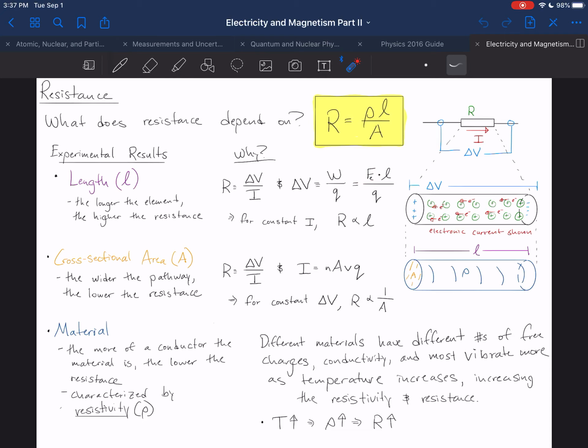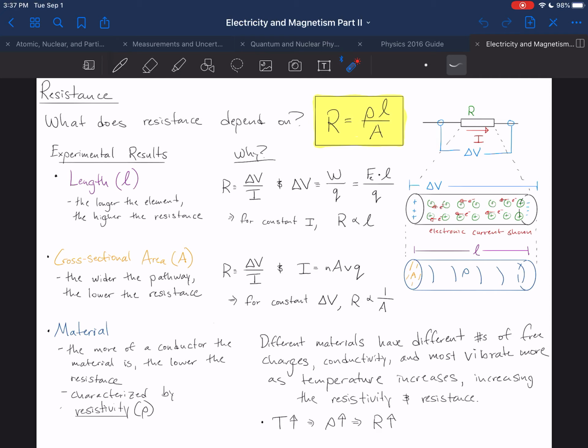And so assuming the electric force being applied to those charges is the same and the charge itself is constant, that suggests that the resistance itself will be proportional to the length of the resistor. All right? So that's why R is proportional to L here. Notice all those assumptions we had to make.